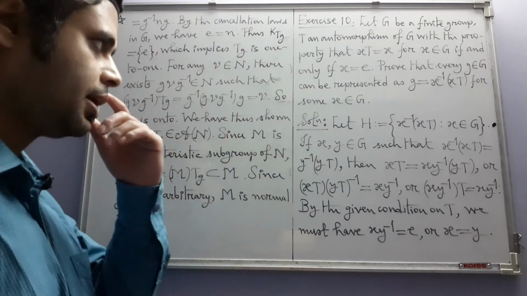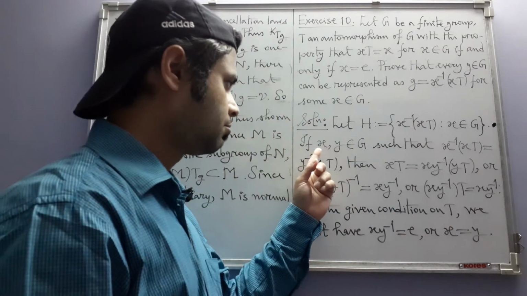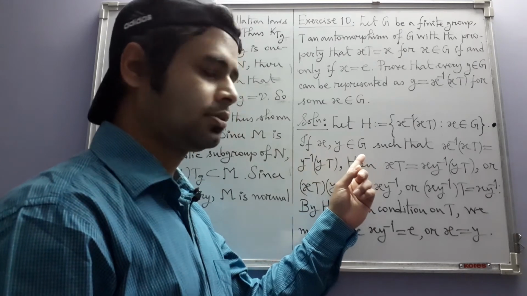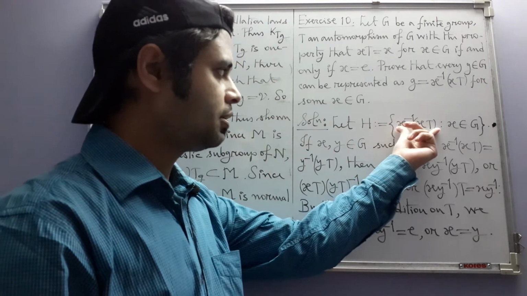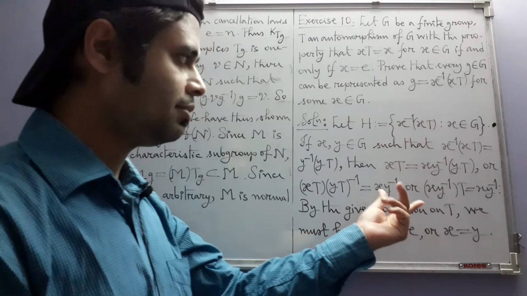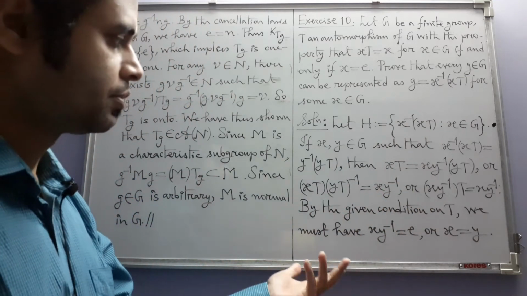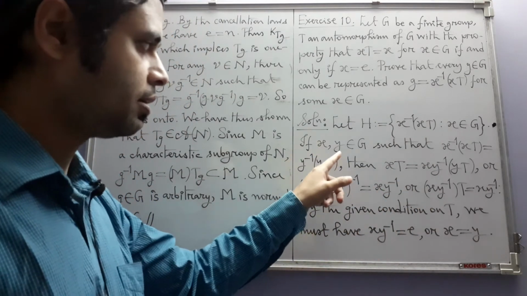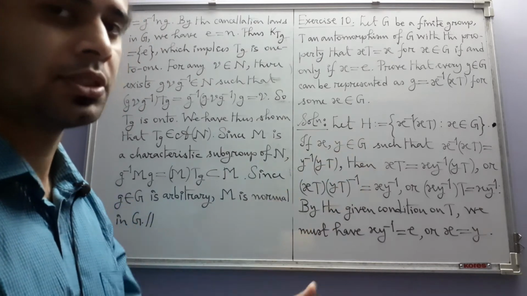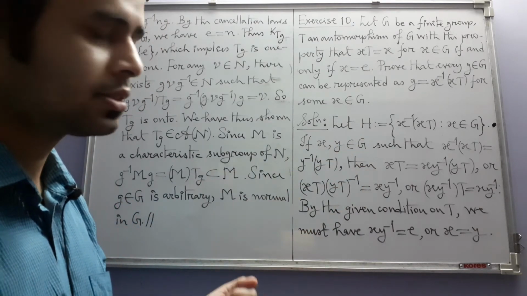So here what we have shown is that for two group elements, the corresponding elements in H, if they are equal, then the original elements chosen from the group must themselves be equal, that is, they must be the same element.